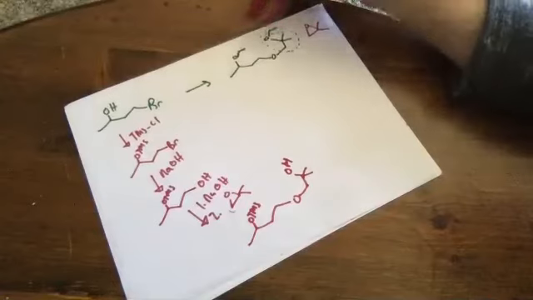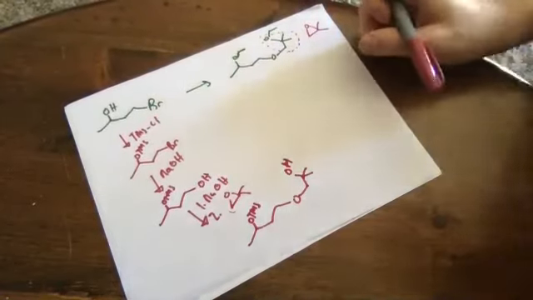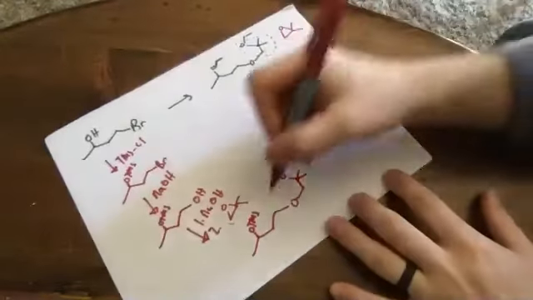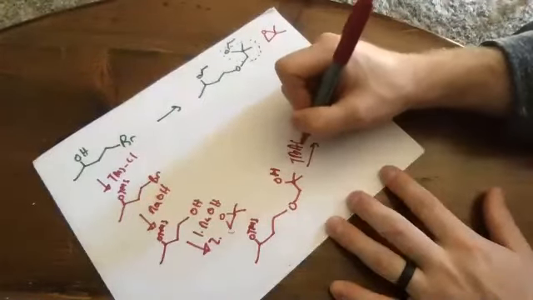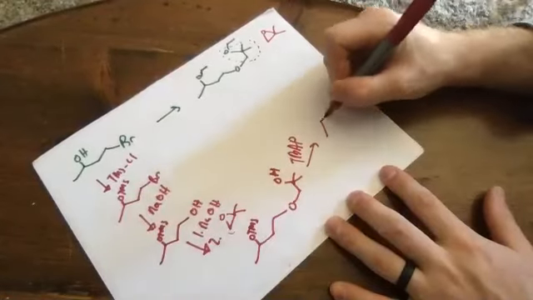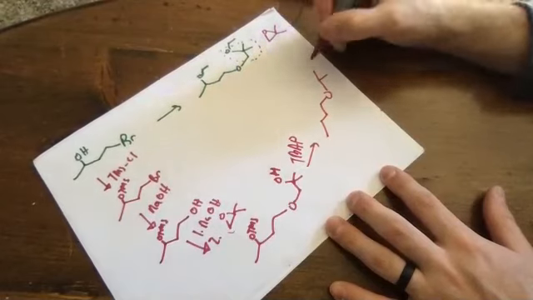Because these are both ethyls here, I can do this part in one step. Well, two steps. So if I take off my protecting group with TBAF, ooh, one carbon short.